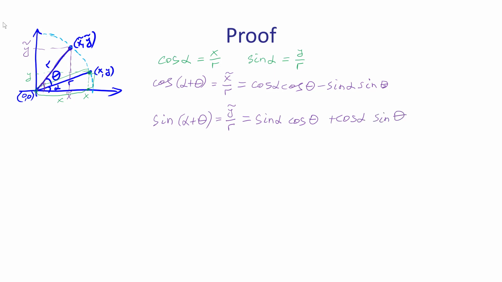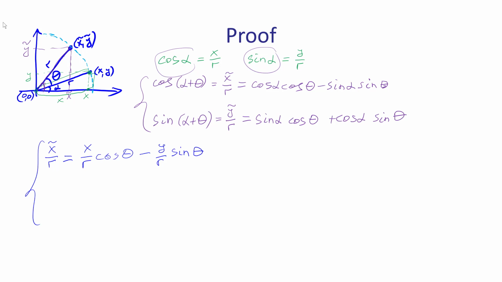Now, let's put the definitions of cosine alpha and sine alpha inside those 2 equations. This is what we get: x tilde over r equals cosine alpha, which is x over r, multiplied by cosine theta, minus sine alpha, which is y over r, multiplied by sine theta.